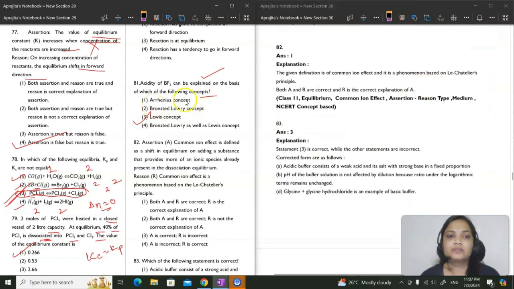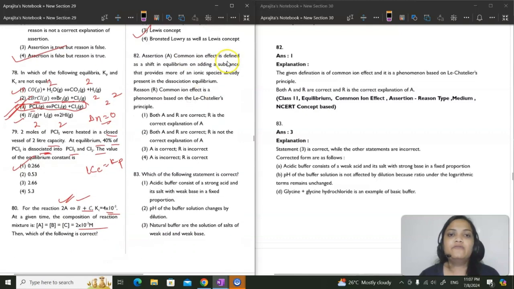Okay, next. Common ion effect is defined as a shift in equilibrium on adding a substance that provides more of an ionic species already present in a dissociation equilibrium. And common ion effect is based on the Le Chatelier's principle. So students, what is a common ion effect first of all?